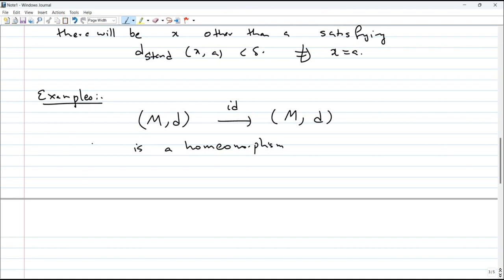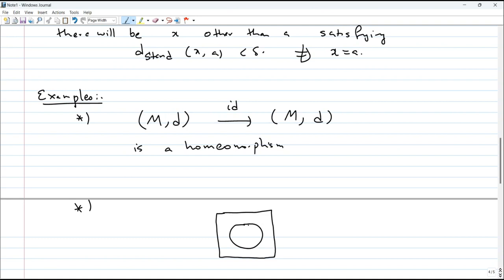Let's look at another example. If you look at a circle, say with the metric given by thinking of this circle as sitting inside R2, as a unit circle, and the distance between two points is the distance in R2. And same thing with a square, maybe a little bit bigger square, with the metric given by thinking of this square sitting in R2.